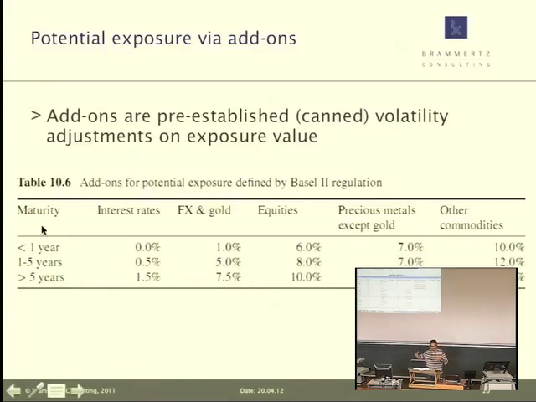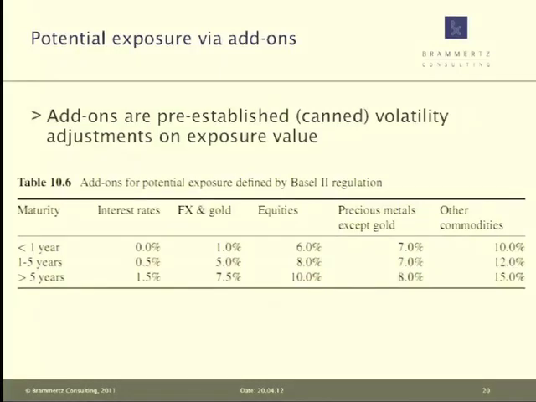For example, that is for interest rate, FX and gold, equity, precious metals, and so on. They also look at the maturity, because this is very maturity sensitive. If you have a long-term swap, of course, that is more sensitive than a short-term swap. So you have to have more capital for a long-term swap than for a short-term swap. That's the idea behind it, and it's very rough. They only have 3 categories: less than 1 year, 1 to 5, and bigger than 5 years.